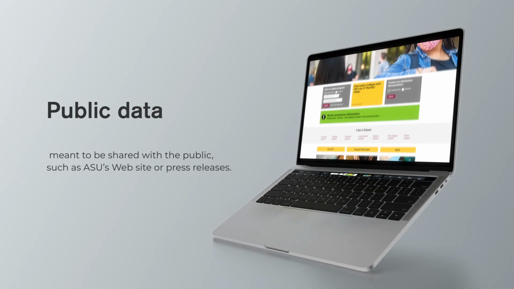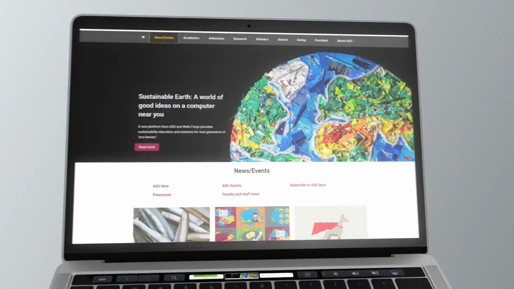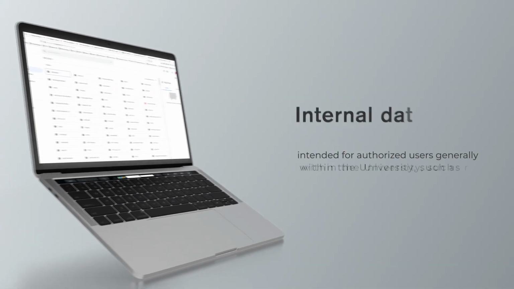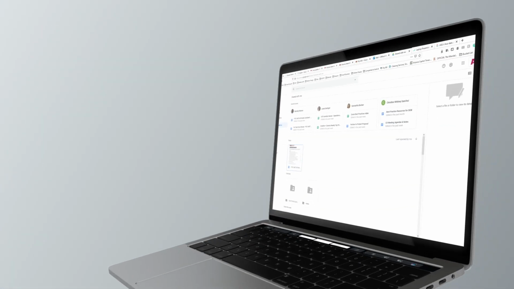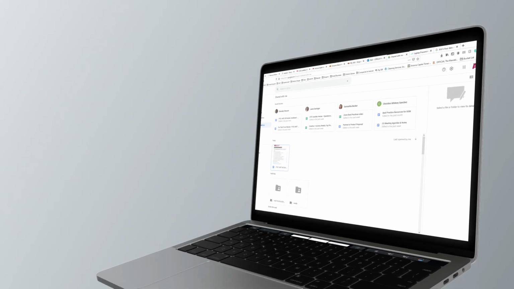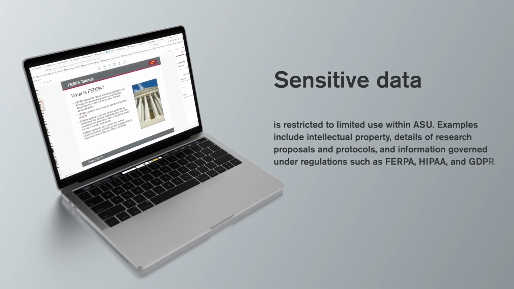Public data is meant to be shared with the public, such as ASU's website or press releases. Internal data is intended for authorized users, generally within the university, such as releasable directory information or budget details. Sensitive data is restricted to limited use within ASU.